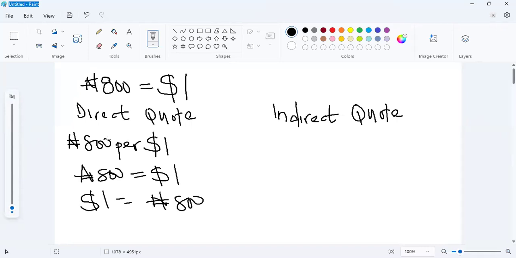If I do like this now, for example, if you say 20 cedis to 1 naira, cedis, Ghanaian currency, to naira.